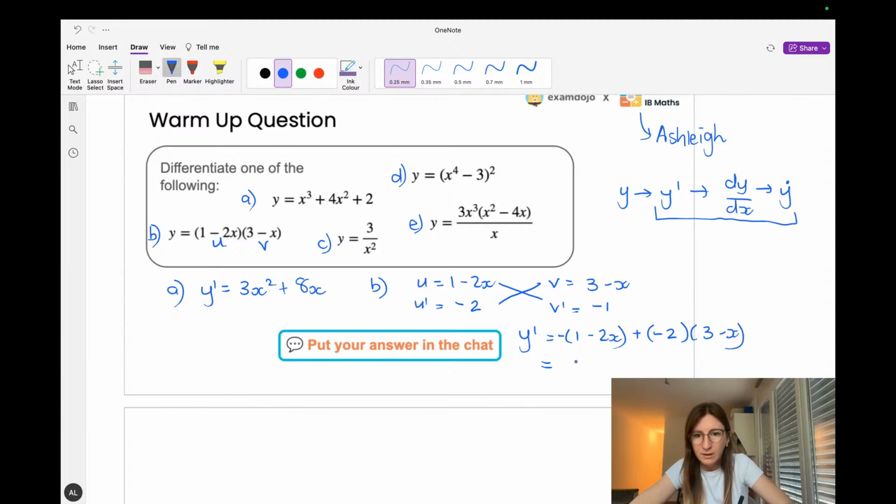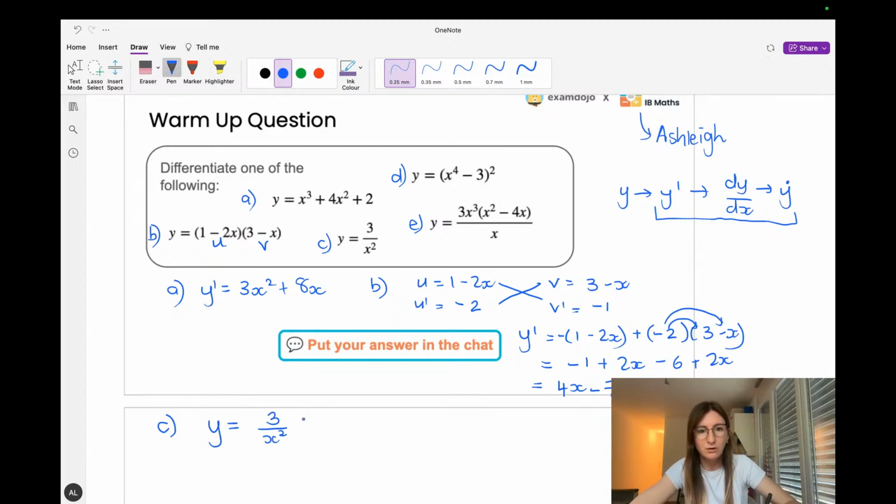That will be minus 1 plus 2x minus, multiply out there, minus 6, and multiply out there, that'll be a positive 2x. So all in all, 2x plus 2x gives us 4x, minus 1 minus 6 is minus 7. Differentiated nice and easily.